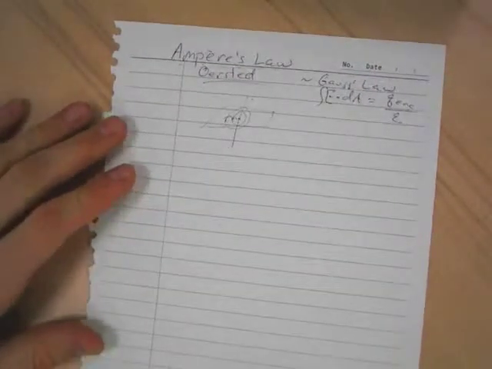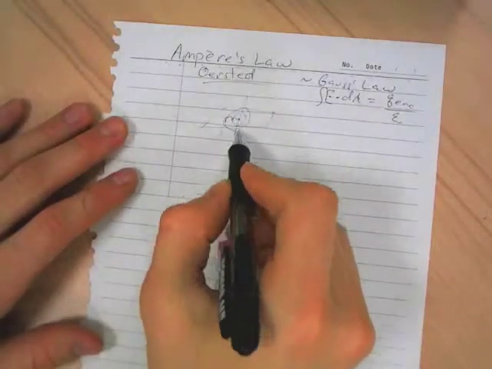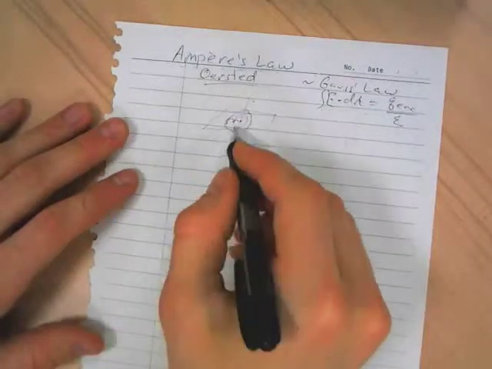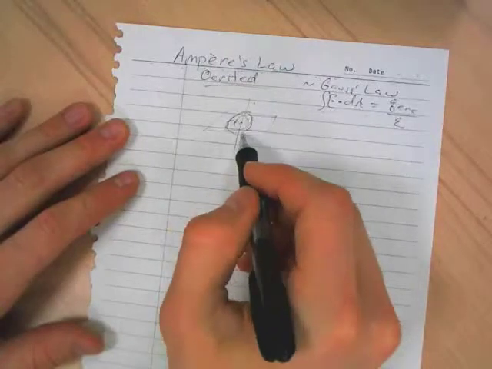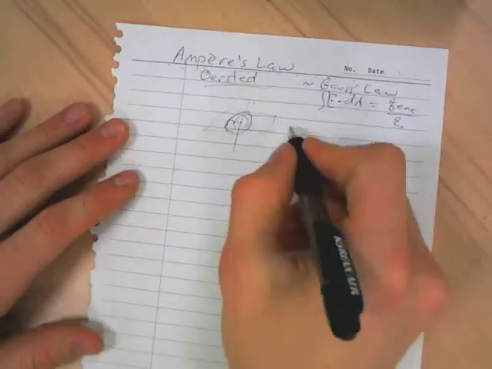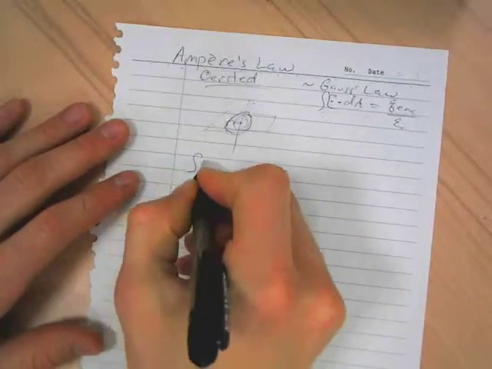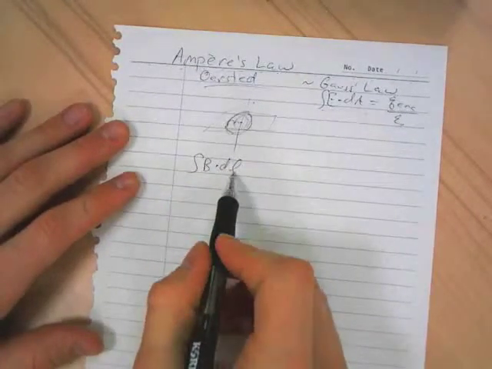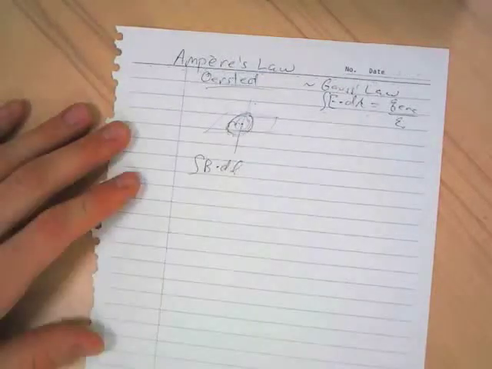But with Ampere's law, you don't take a surface like you did with Gauss's law. You take a path, and as you go along this path, you're adding up parallel components of the B field. In calculus, that corresponds to what's called a path integral, where you integrate the B field along each little length associated with your path.